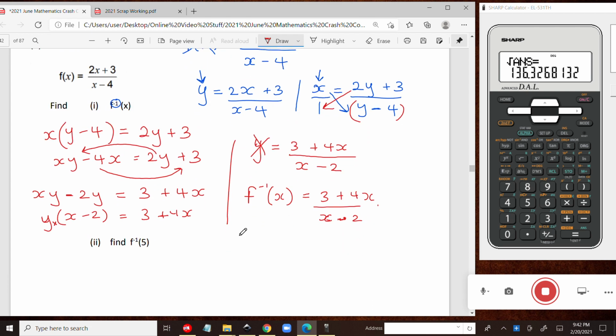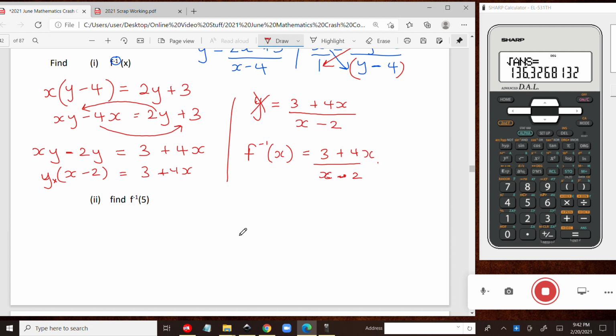All right. The next part of the question asks us to find f inverse 5. All they want us to do is go to f inverse, which we just found, and replace all the x's with what? 5. What an easy question. So f inverse 5 is equal to 3 plus 4.